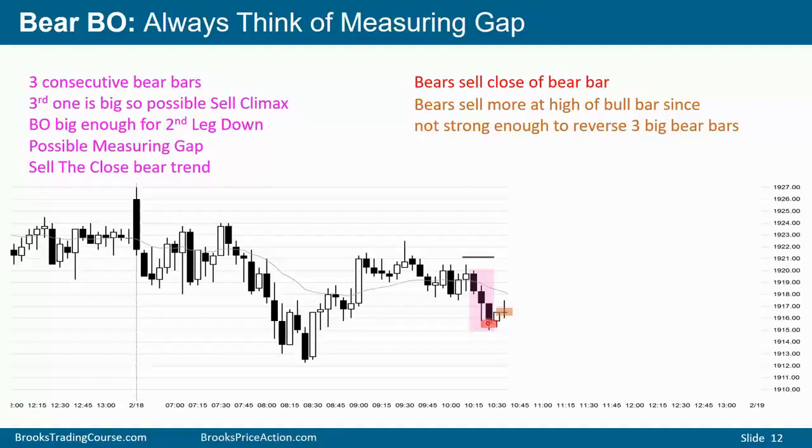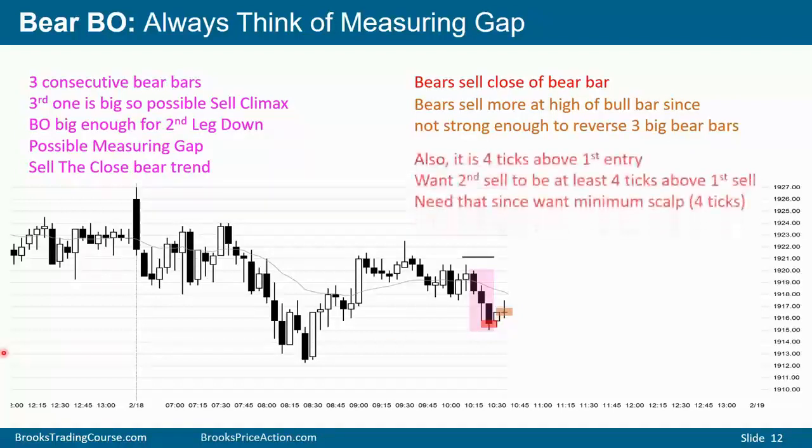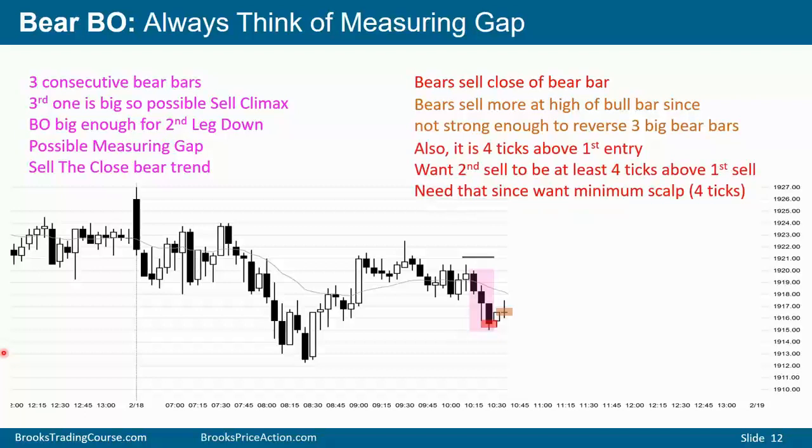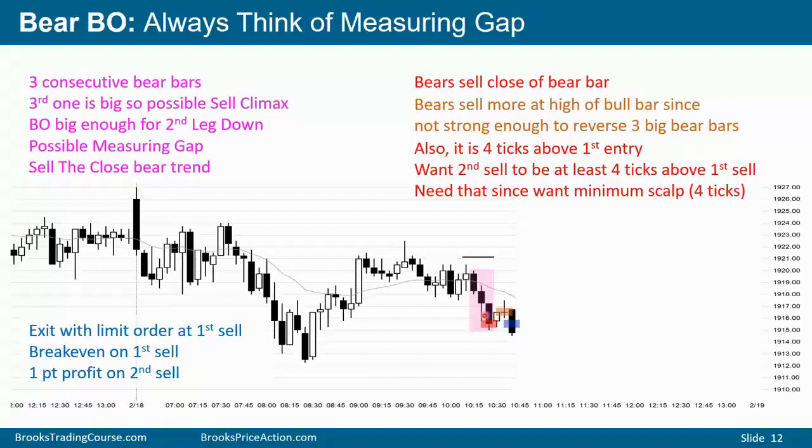When you're scaling in, normally you want to make sure your second entry is at least the size of a scalp above your first. The idea is, once you get the reversal up, you're trying to get out break even on your first entry, and you want to scalp profit on your second entry. So you want your second entry to be at least the size of a scalp. So when it gets back to the first entry, you make a scalp profit on the second.